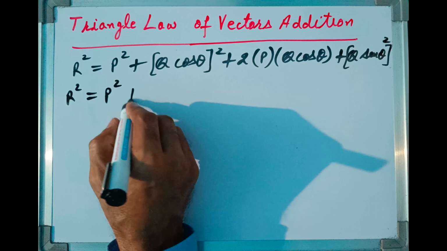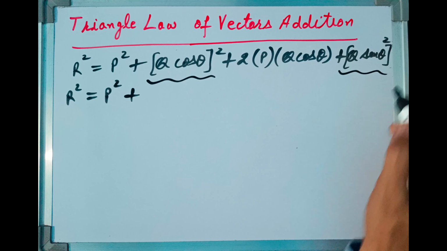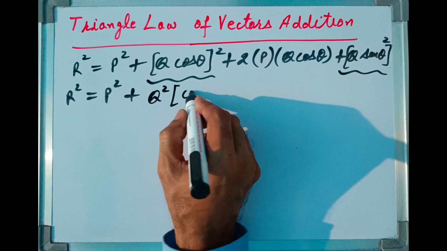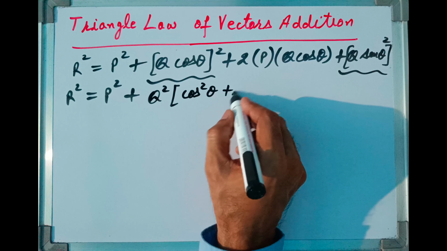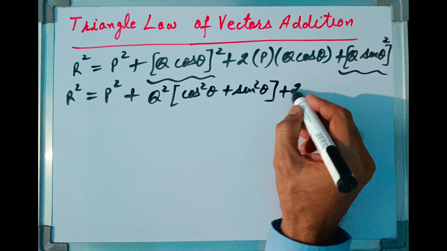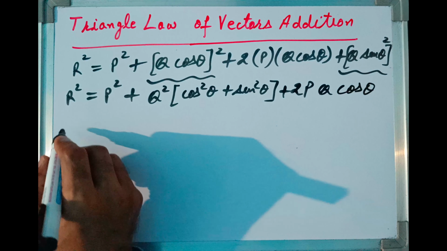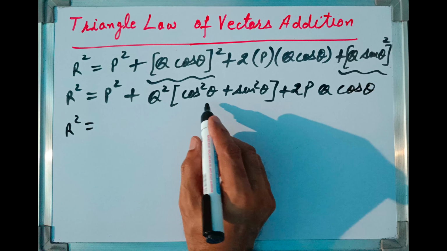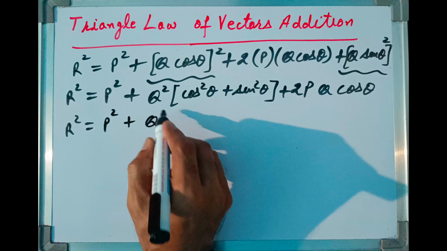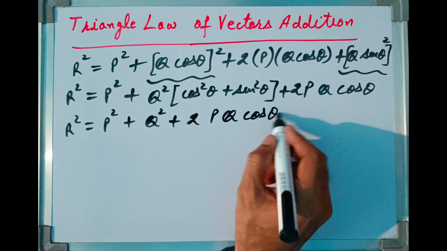It will become P square plus Q square, by taking Q square as common, inside we are left with cos square theta plus sin square theta, and at the last we shall write 2 P Q cos theta. Now cos square theta plus sin square theta is equal to 1. So we can write R square equal to P square plus Q square plus 2 P Q cos theta.